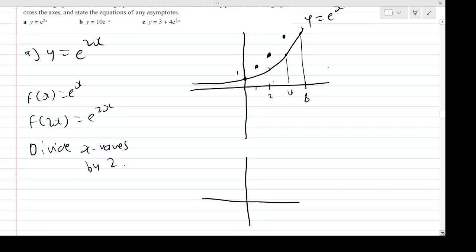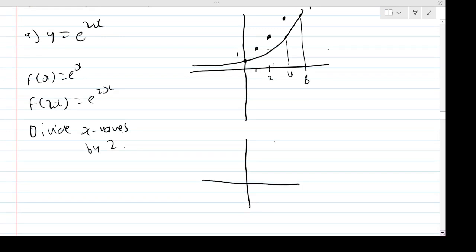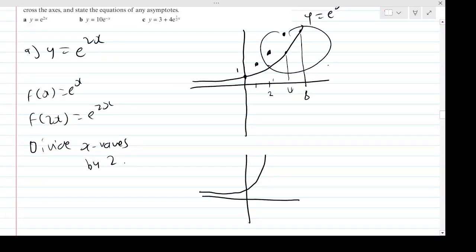It'd look a bit more like this. It's a lot steeper, essentially, because it's more squashed down compared to e to the x. So that'd be y is e to the 2x, and it'll still be at 1, y is 1 there.